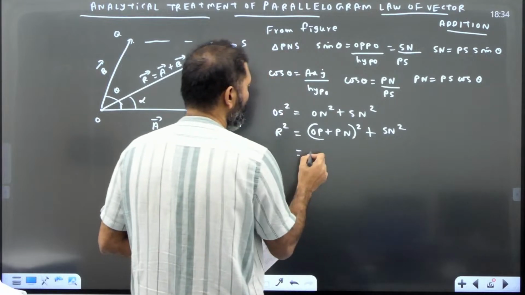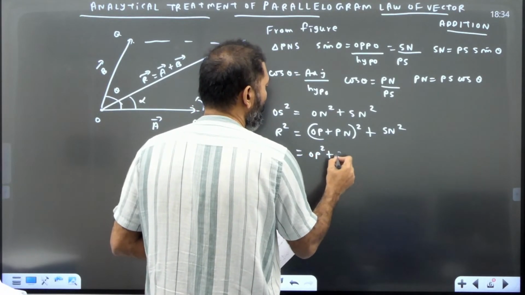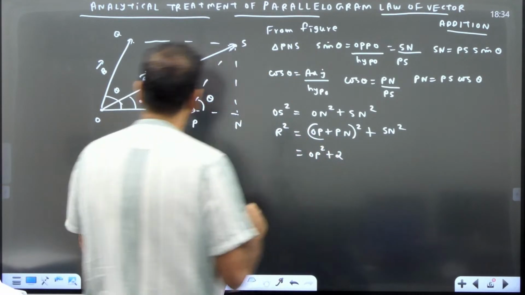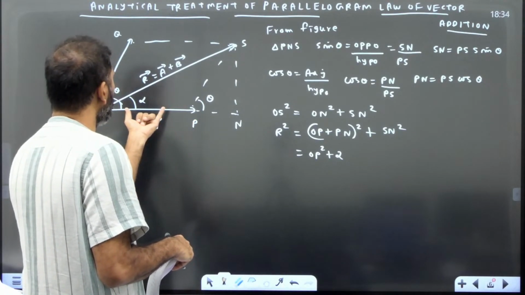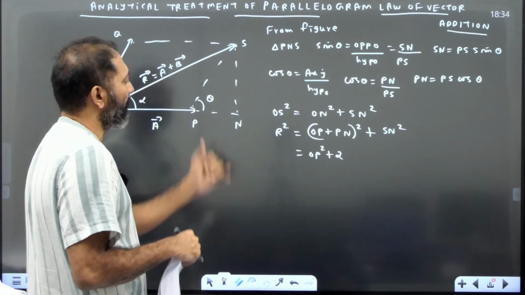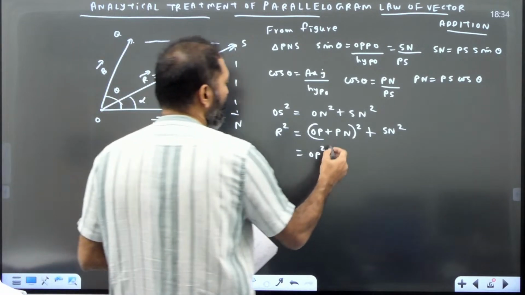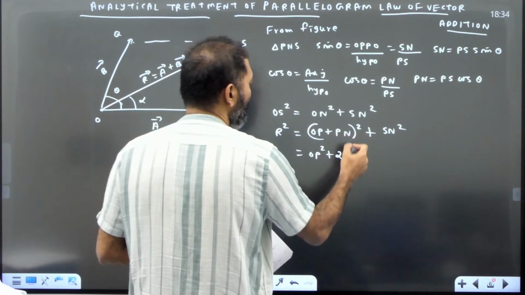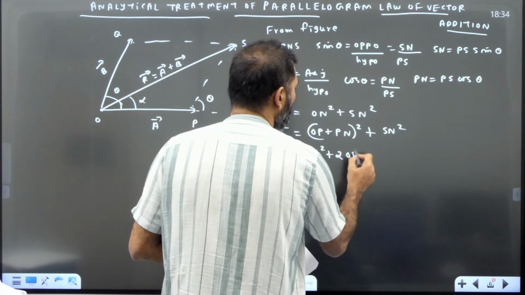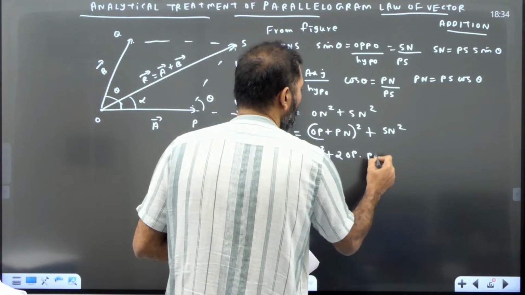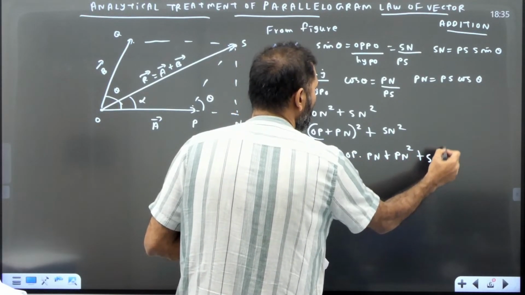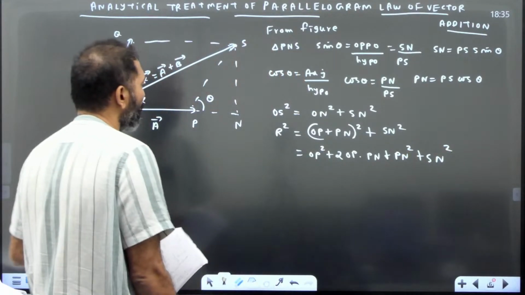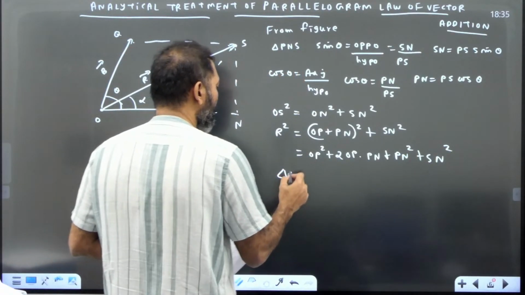ON, the bigger length, is equal to OP plus PN. So OP square, A plus B whole square, plus 2 OP PN plus PN square plus SN square. Any doubt?